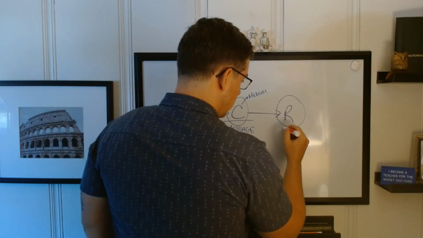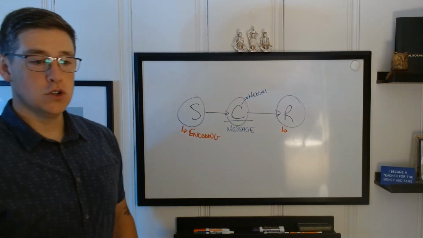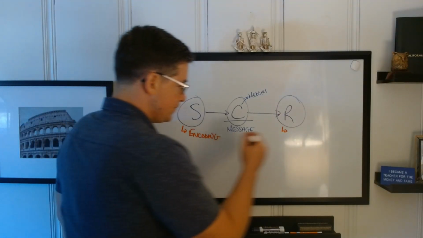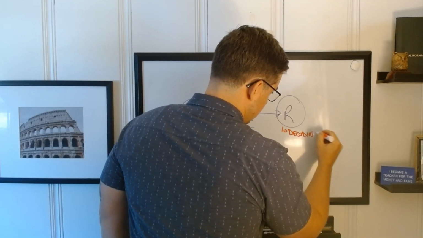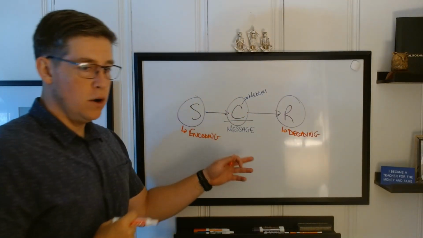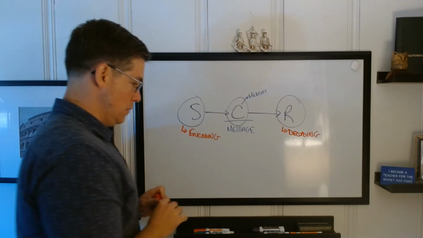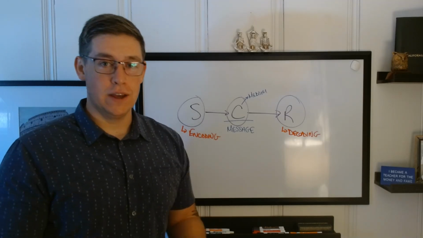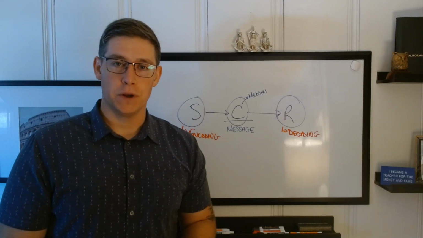Now the receiver, we know, is an active participant in the communication process. So they are not just soaking up that message, they are decoding that message. In decoding the message, they are functionally translating the message. Now, I don't know if any of you are multilingual, but what I know about decoding and translation is that it's an imperfect process.